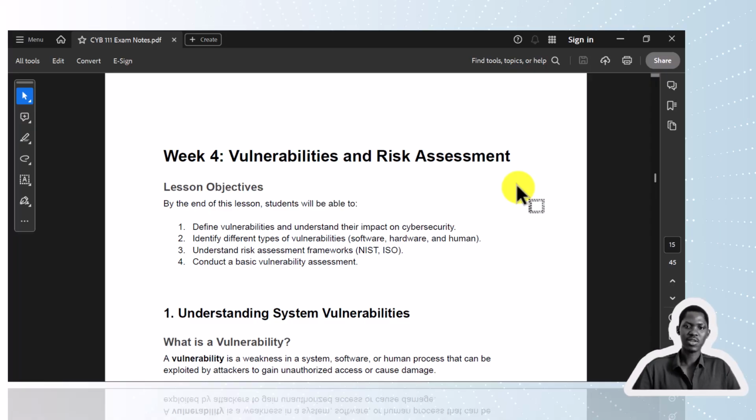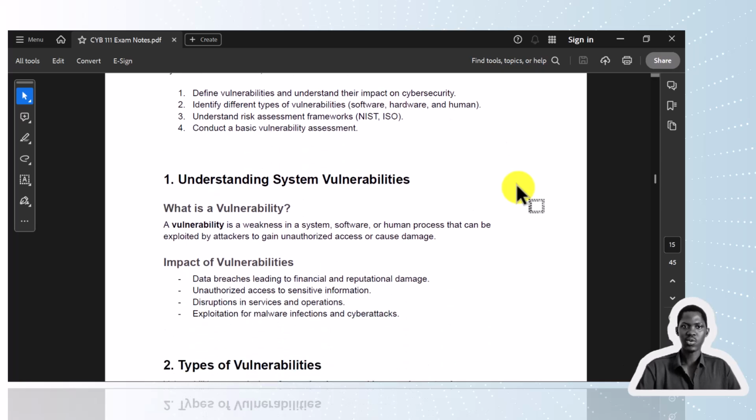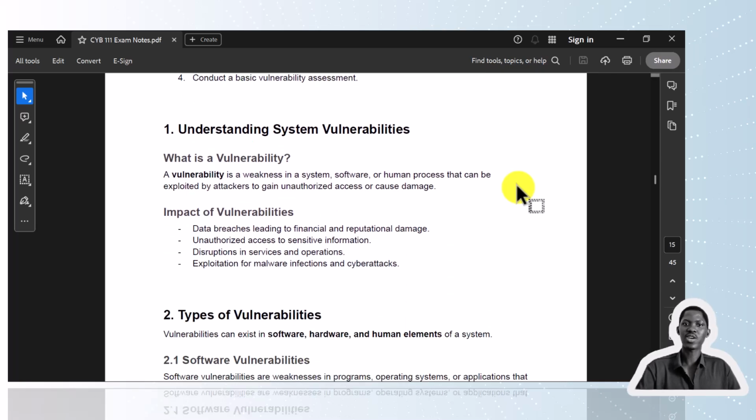So understanding vulnerability assessment. What is a vulnerability? A vulnerability is a weakness in the system, software, or human process. It can be any of these things, that can be exploited by attackers to gain unauthorized access or cause damage.